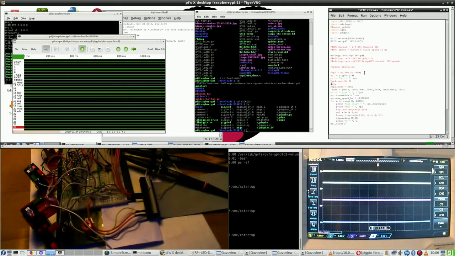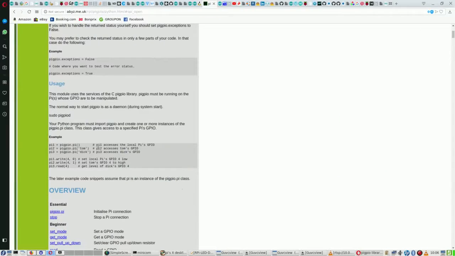That means that I now have to use pigpio instead of spidev's SPI. This is the way they say to do it, like here.